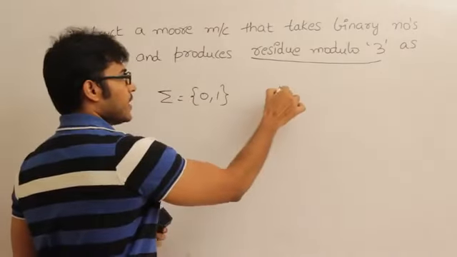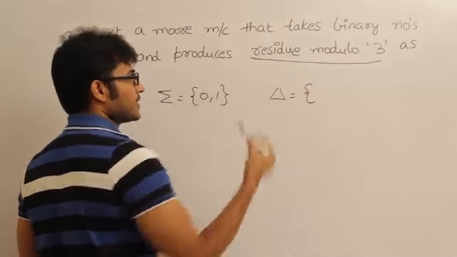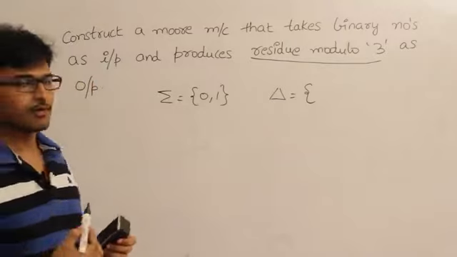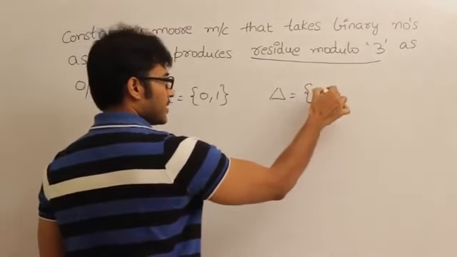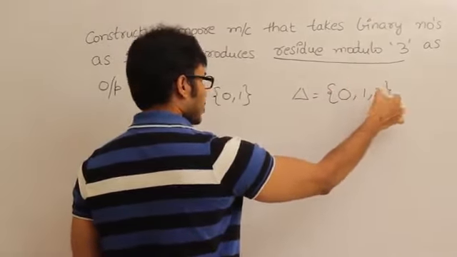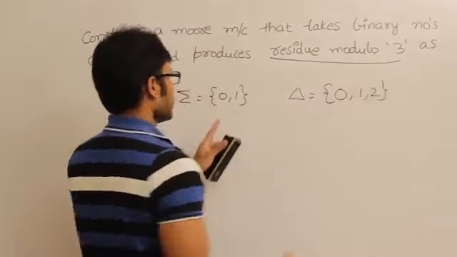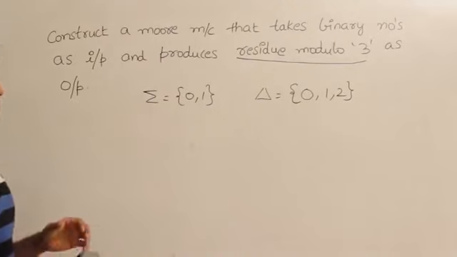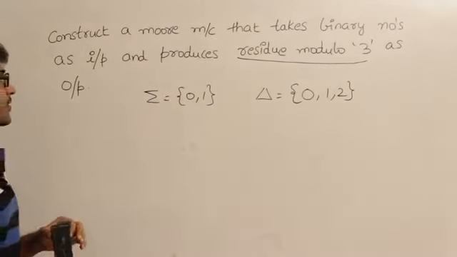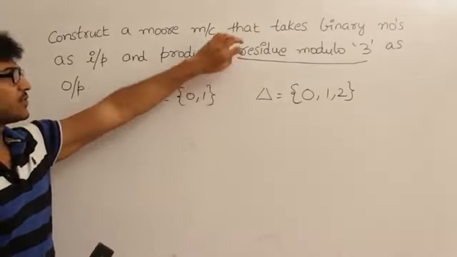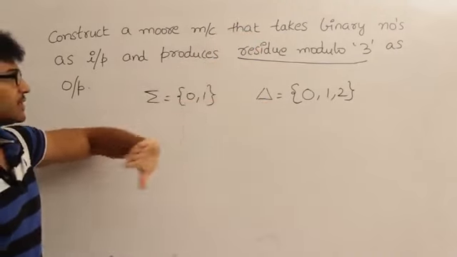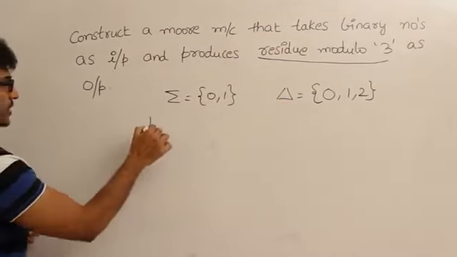So what are the possible remainders? 0, 1, 2. Input is going to be binary numbers and output is going to be remainders. We have seen this problem long back, where we constructed a DFA which accepts the set of all strings divisible by 3. We can use the same one. So what is the shortcut for that?